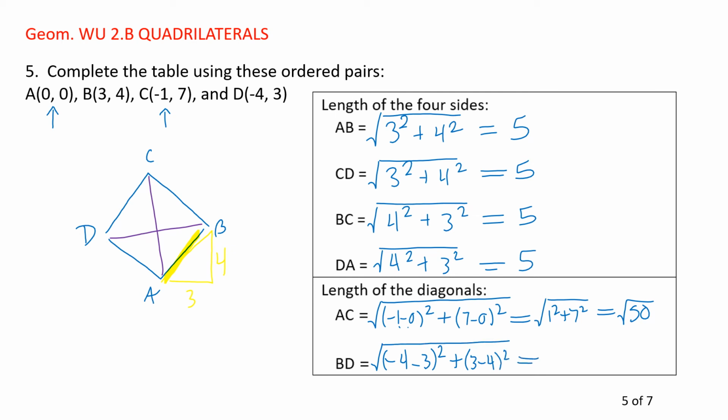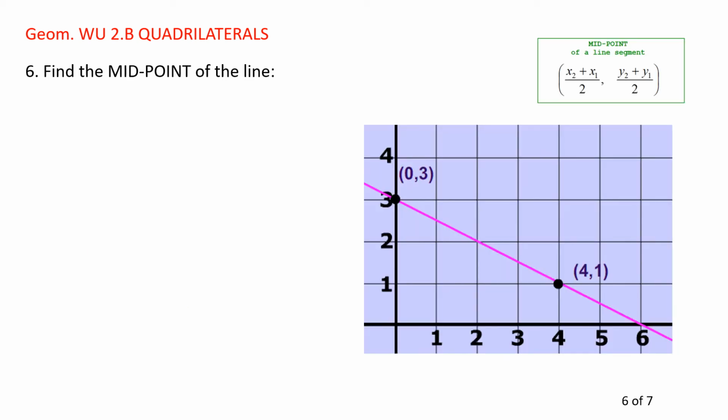The way I think of this is how far apart are -4 and 3? -4 and 3 are 7 units apart. The fact that it's negative is irrelevant because I'm talking about distance. And then I say how far apart are 3 and 4? They're 1 unit apart. So square root of 50. Of course, you can plug that into your calculator if you don't see what I'm doing.